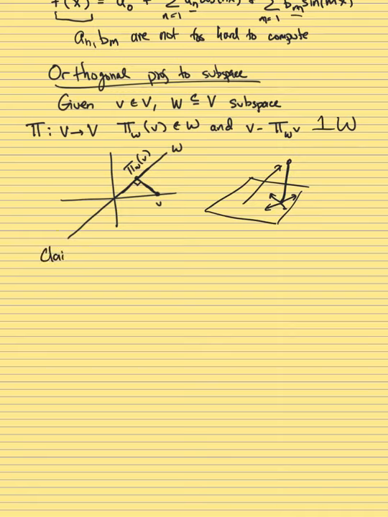So claim, this is a unique linear transformation which does this. Okay, so it takes a little bit of work to show it exists. Okay, but let me just say how you would construct it.